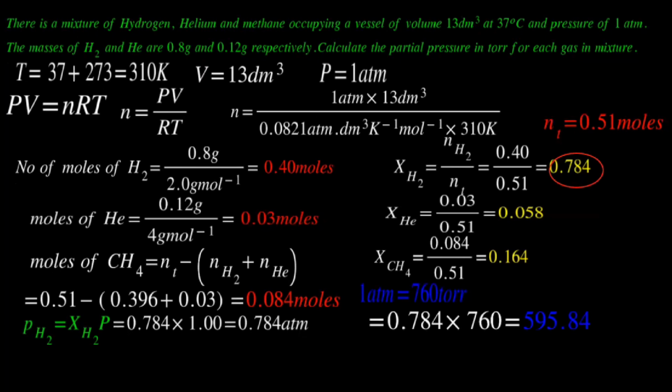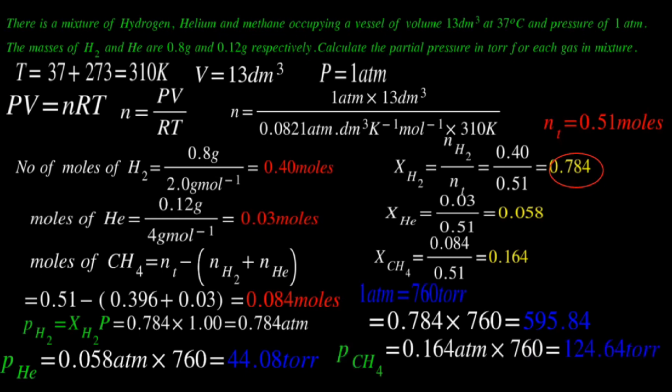Now the partial pressure of hydrogen is 595.84 torr, right? Similarly, for helium, it would be 44.08 torr, by multiplying 0.058 with the 1 atmosphere, which gives the same answer, and then multiplying with 760 torr. Similarly, for methane, it would be 124.64 torr. Right, so in this way we can find the partial pressures.